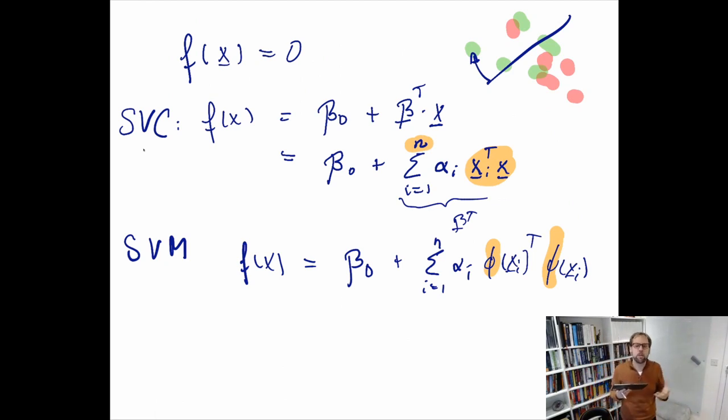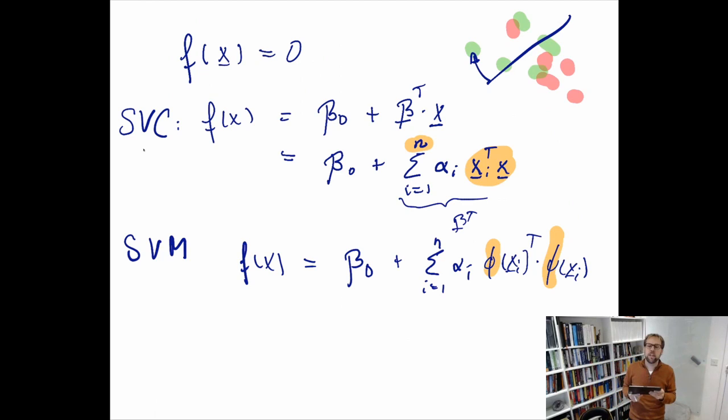This is how you do it in general, but obviously this still involves this inner product, which potentially can be very high dimensional. If this is a 100,000 dimensional space, I would have to multiply 100,000 dimensions.